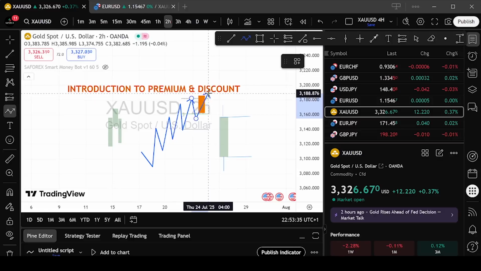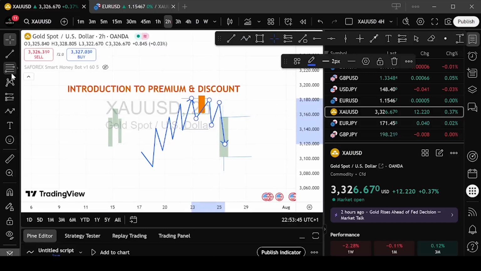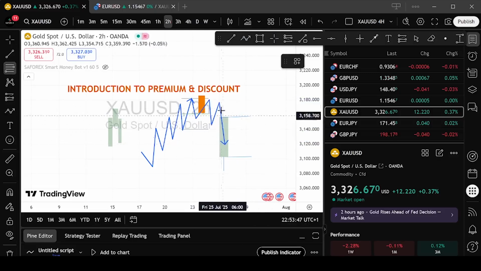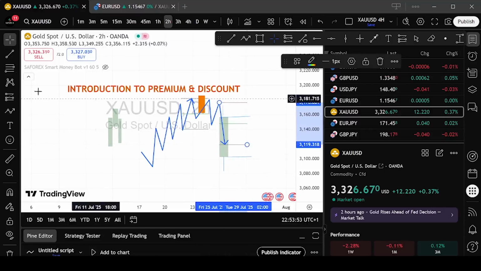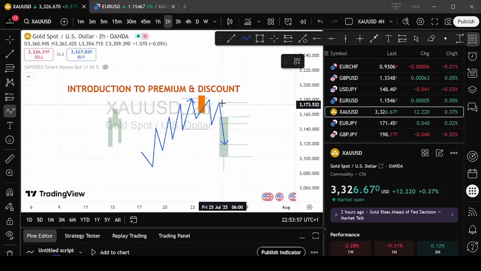Meanwhile, in a bearish market, that means when price is going down like this, you also want to mark the range. In this case, you don't sell when price is in discount.